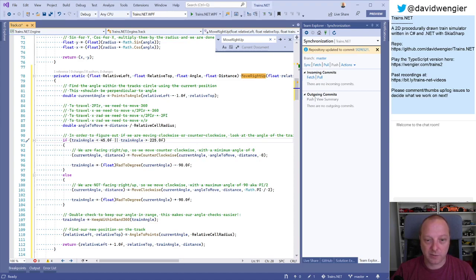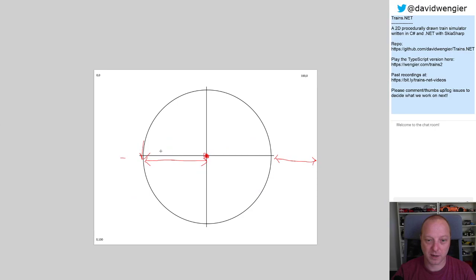So we need to know if we're moving clockwise or counterclockwise. And here's where these method names make so much sense. Because look, this is the counterclockwise case. I don't have to work it out. So counterclockwise would actually be not this arrow. It would be coming in here. And so when we come in here, our angle is going to be 180, I believe.